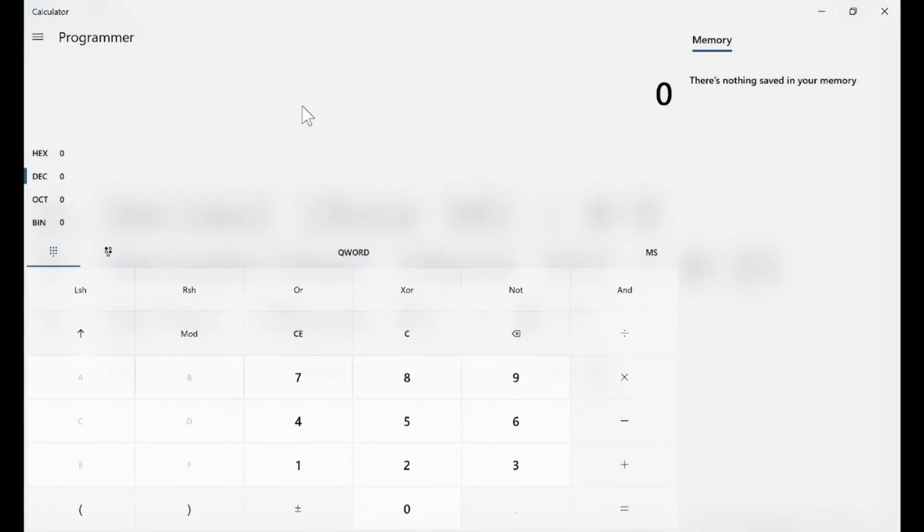I'm trying to find a calculator because sometimes on calculators you see certain codes that you don't understand. I have a calculator here on my phone. I can see these codes, and you can find these codes in every scientific or programmer calculator. And this code is what I want to show you.